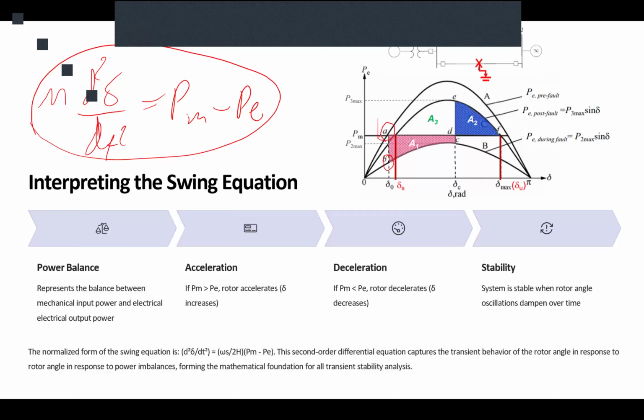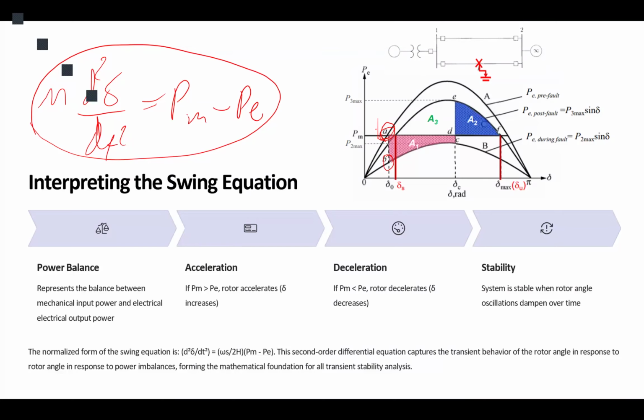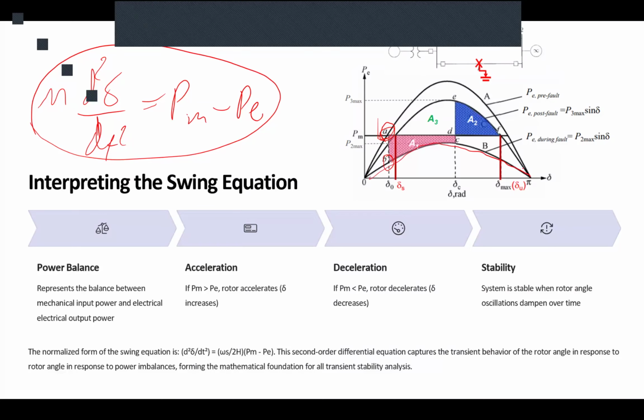We are in a balanced system at point A when the PE, which is that curve, and PM, which is constant, are equal to each other. Now a fault happened, meaning our PE instantly changes. Now we have a weaker electrical part. So we fell down to the new curve caused by the fault.